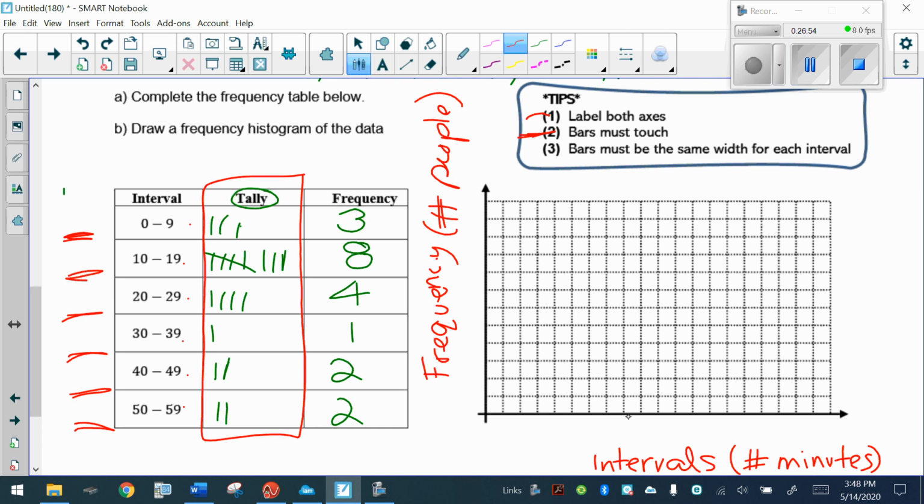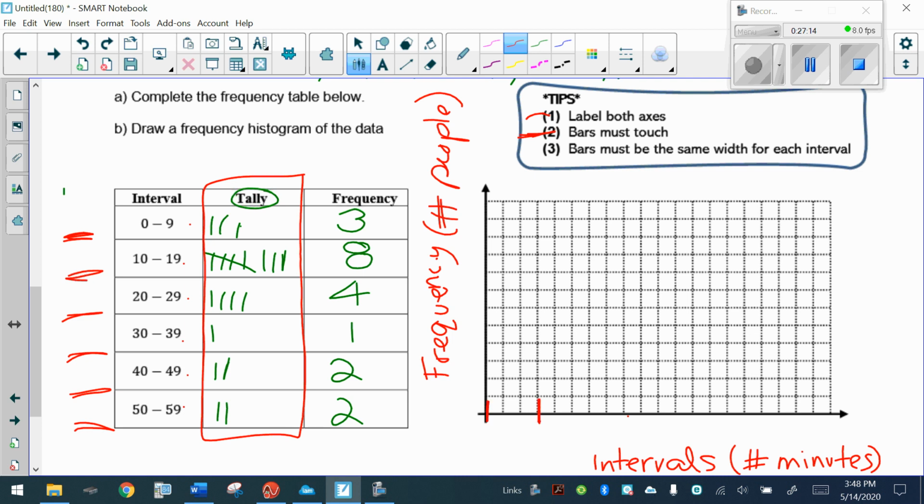So 20 divided by 6, let me think. Well, 20 divided by 5 is 4. So if I only needed 5 bars, I could make them 4 wide, but I need 6 bars. So I think I better make them only 3 wide.